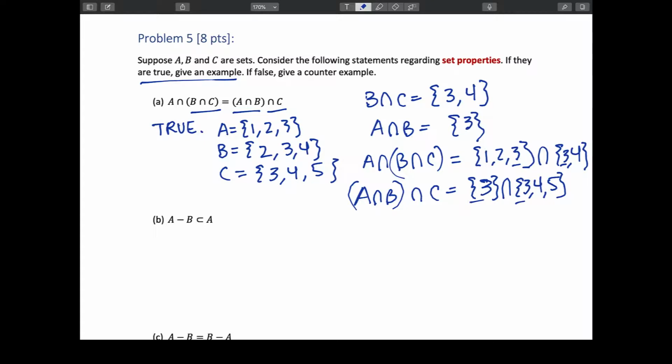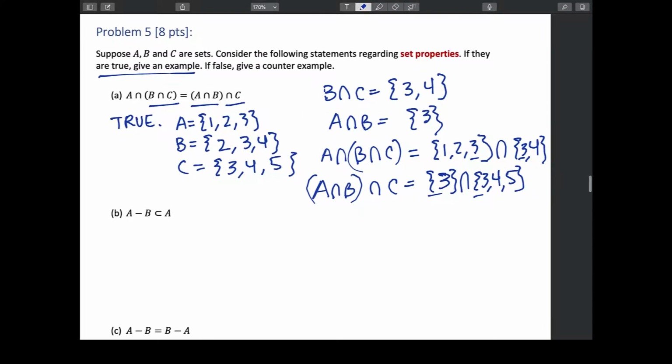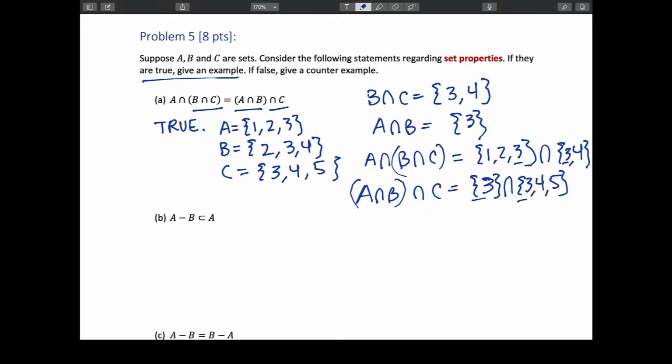And again, they only overlap at the 3. And so both of those are equal to the set containing 3. And so it didn't matter how we place the parentheses, we always got back to the same place. And that is not a proof, of course, but it is an example showing that that would be the case.